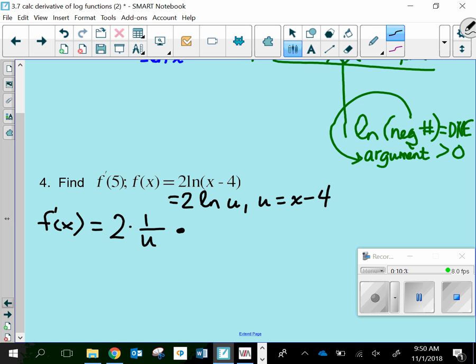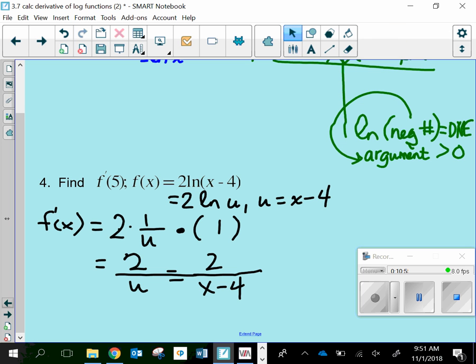And we've known about x minus 4 for a while. What's the derivative of x minus 4? 1. I've got to put my u in. I'm going to take 2 times 1, so that's where it went, and u is x minus 4. There's my derivative.